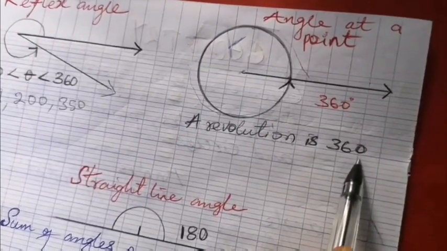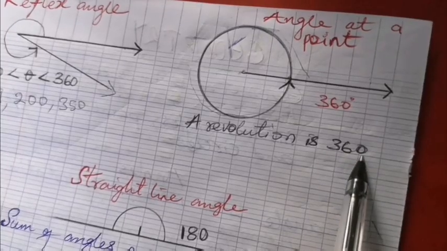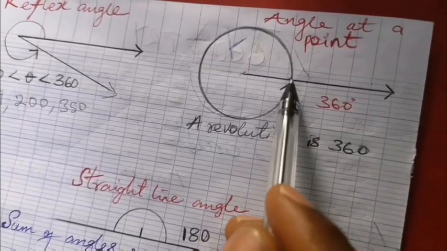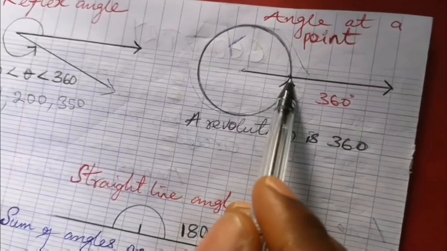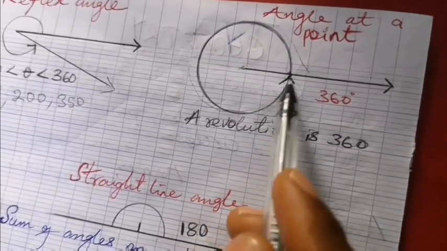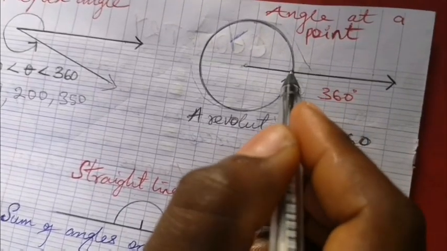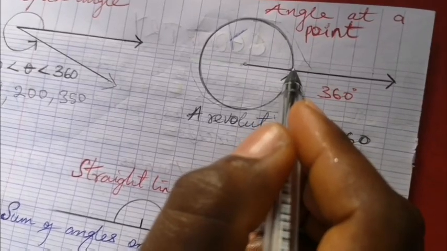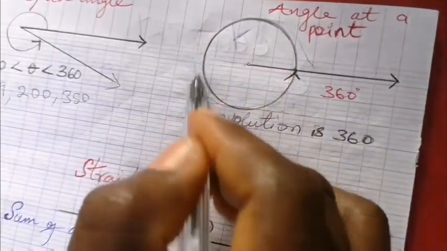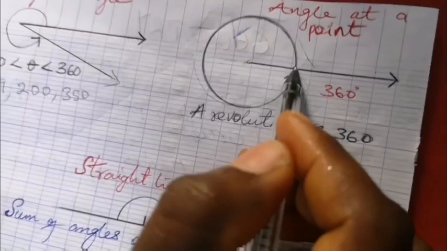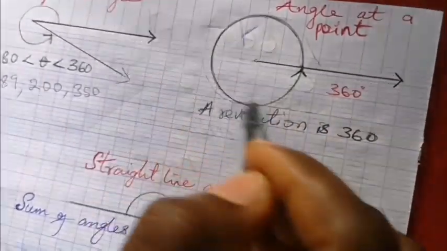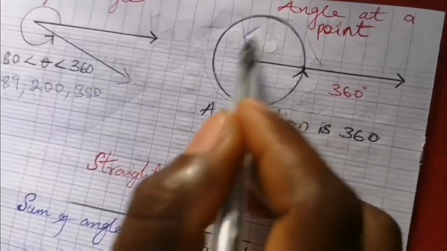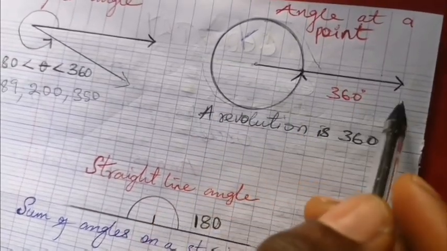So the value of one revolution is 360 degree, and the value of angle at a point is 360 degree. This is called angle at a point when a particle or a line has completed one revolution. We call it angle at a point, or angle in a circle. The value of angle in a circle is 360 degree.